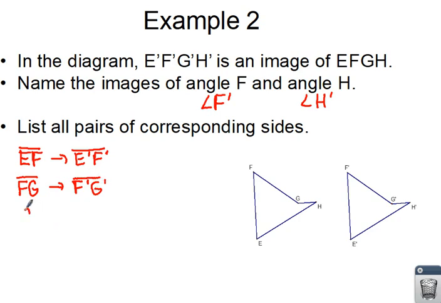And then GH matches up to G prime, H prime. And then EH matches up to E prime, H prime. Those are all corresponding sides because they match up between the two shapes.